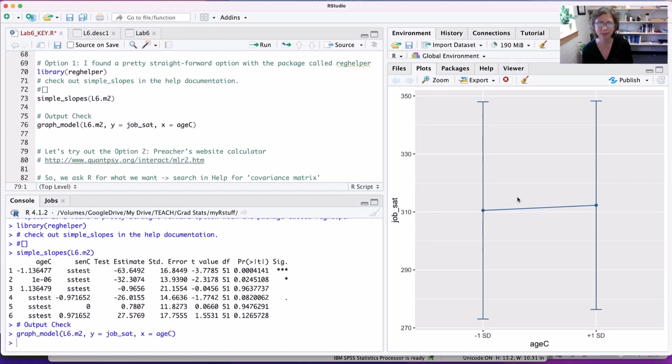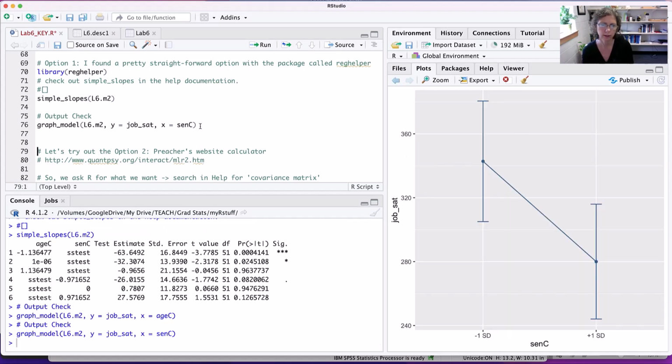Not exactly what I was expecting. Okay, it did age. So it's really that I want seniority there, right? So let me try that. That's better.